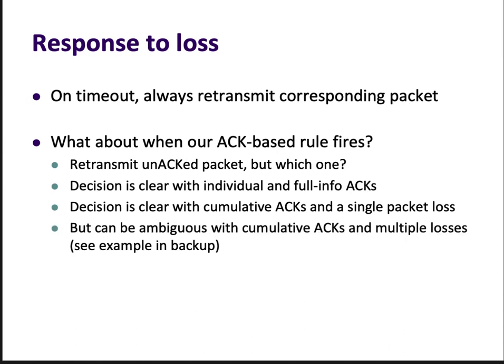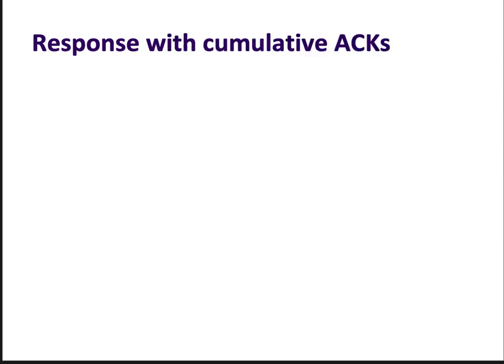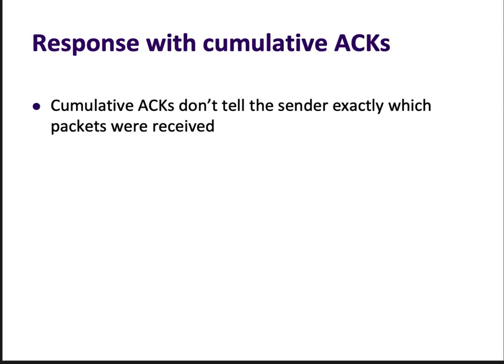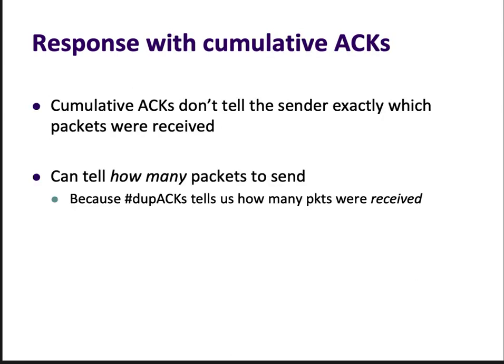I have a detailed example in the backup that we'll walk through if we have the time. But otherwise, I hope you can see the intuition here, which is I received duplicate ACKs, but I didn't actually know which packets were received at the receiver. And so I'm going to have to guess when I retransmit a packet. So the issue with cumulative ACKs is they don't tell the sender exactly which packets were received.